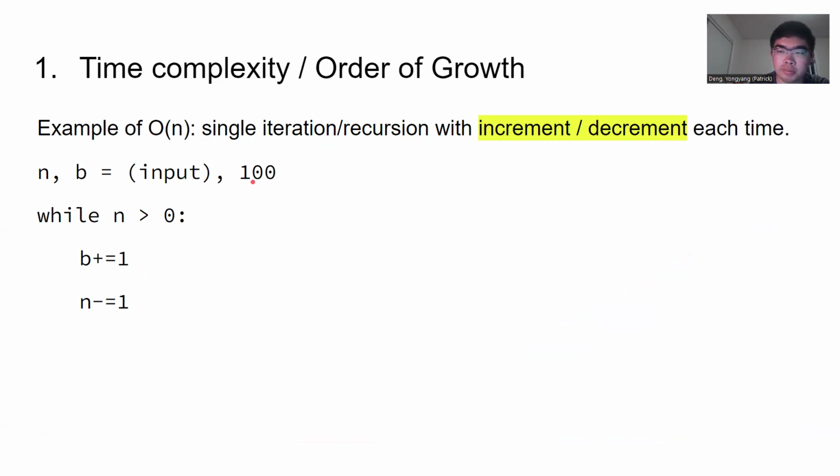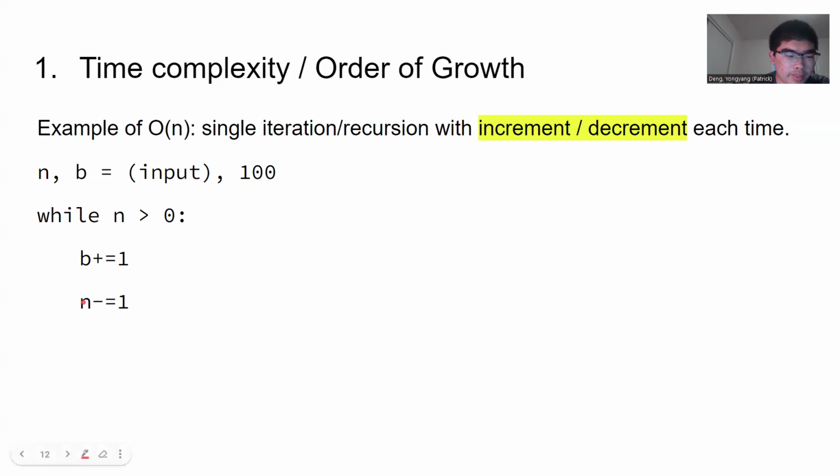Otherwise, if for the while loop you set the counter as a fixed number, no matter whether you input 1 or 1,000, it will still be big O of 1, because the input does not change the number of operations.